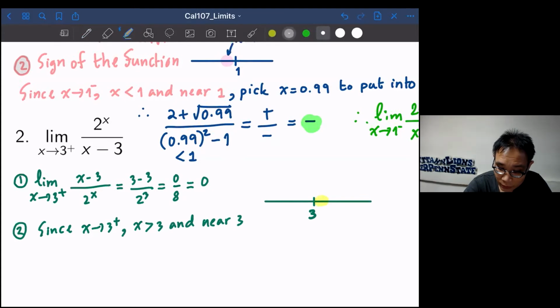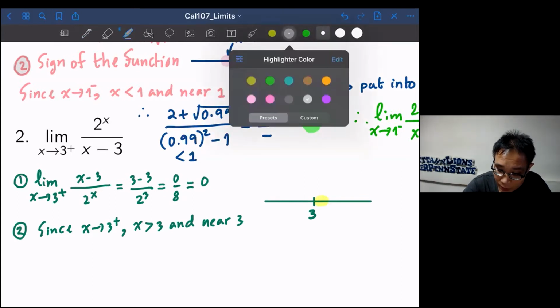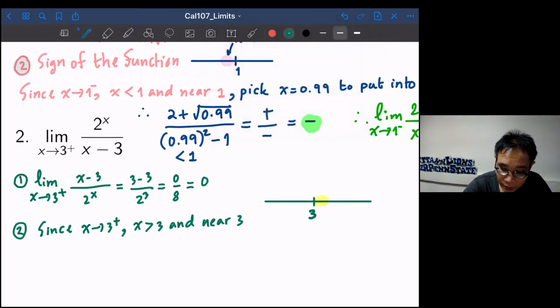And you're going to pick one number for me here. You're going to pick x equal to something more than 3, let's say 3.02. So you can just pick x equal to 3.02.